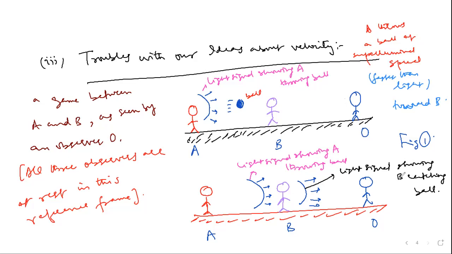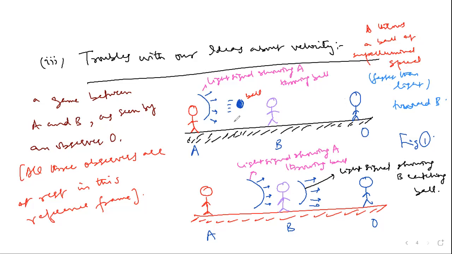This signal also travels at speed c, right? Which is less than the speed of the ball thrown by A. Because we are saying that the ball has superluminal speed, it is moving faster than light.